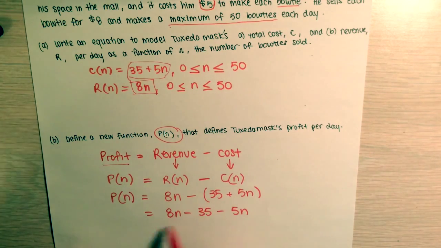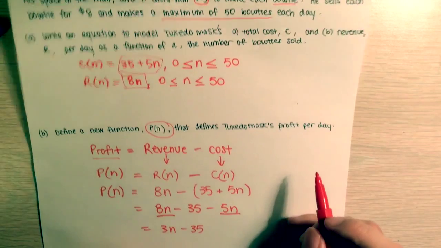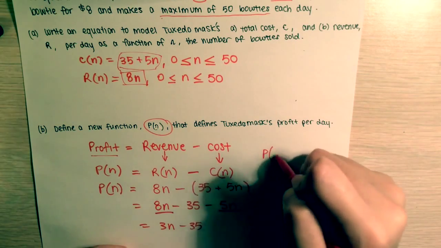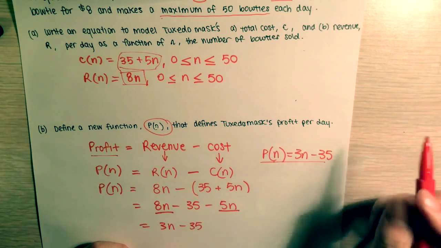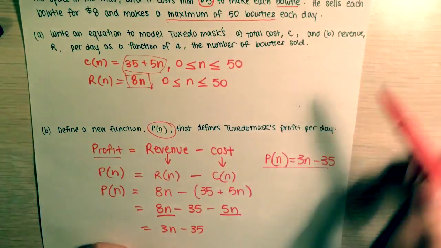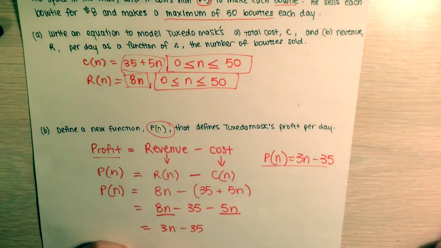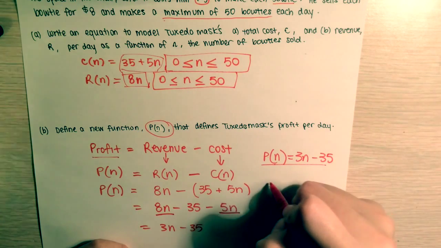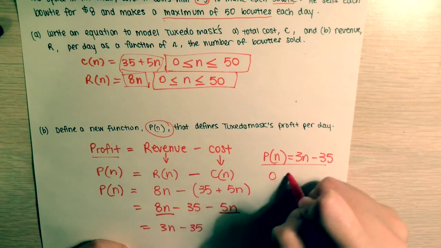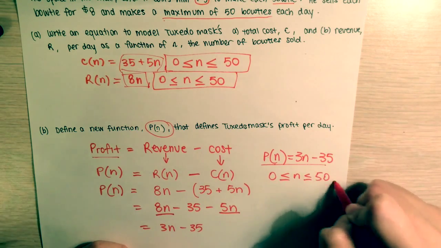And subtracting like terms, which is these two, gives us 3n minus 35. So we can say that P of n equals 3n minus 35. However, we also have to remember what we said earlier, that n cannot be more than 50. So this restriction stays in here. So 0 is less than or equal to n, which is less than or equal to 50.